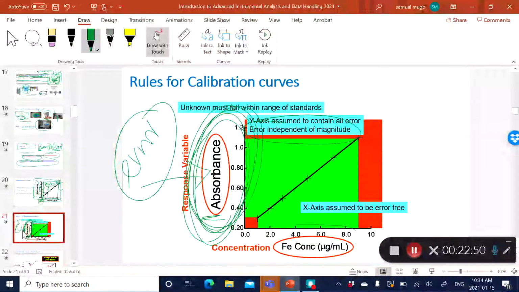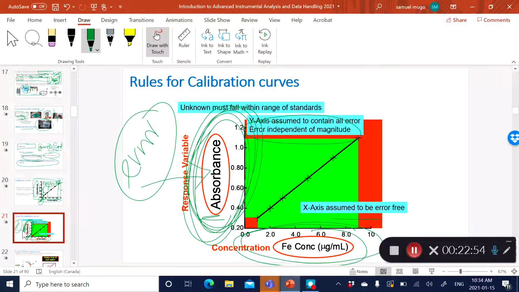Now, we assume that the x-axis is error-free, meaning you prepared the standards very, very accurately, and any error that you are getting, of course, there are error bars there, is because of the y-axis, the instrument, in which there's nothing that you can really do about it because every instrument is erratic. However, you can quantify the amount of error.